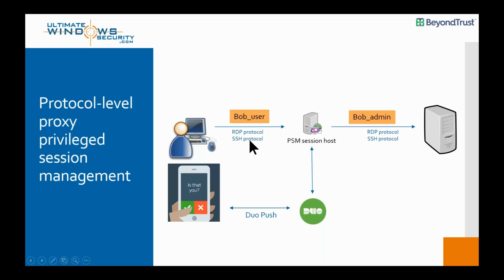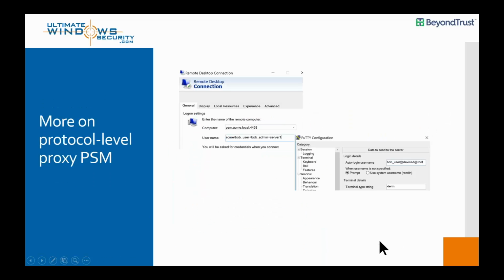And so that's a secure shell connection initiated to the privileged session management host. Privileged session management host gets those credentials and looks inside and sees something interesting, because what we did is in PuTTY, we specified our end user account.